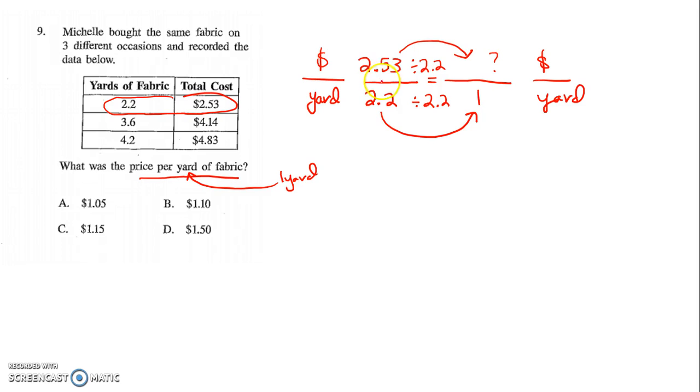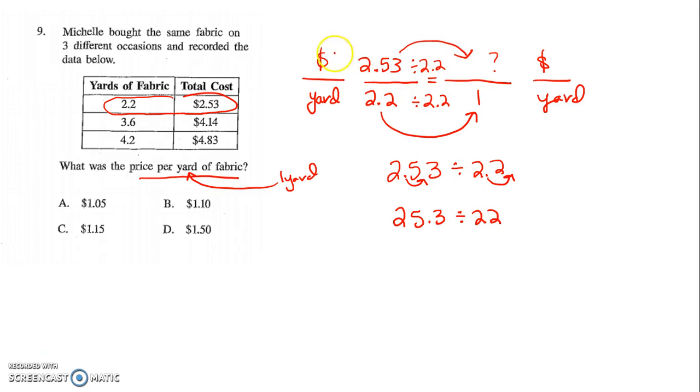If you're going to divide with decimals, if you have 2.53 divided by 2.2, you need to convert this to a whole number. So I'm going to move my decimal point over 1 place. If I move this decimal point over 1 place, I have to also move this decimal point over 1 place. So that's 25.3 divided by 22.